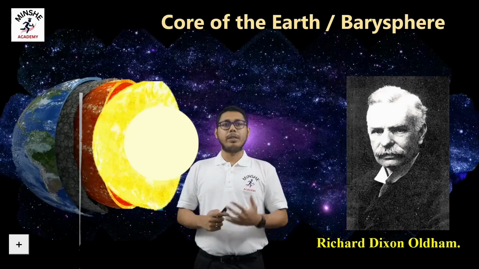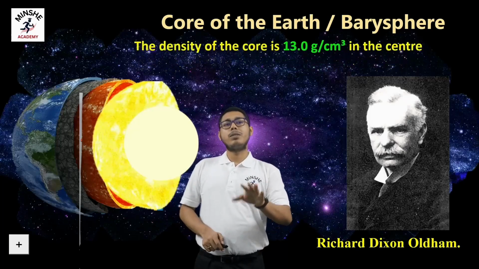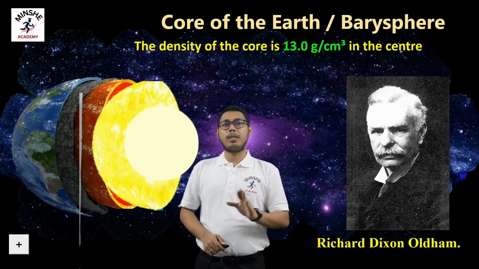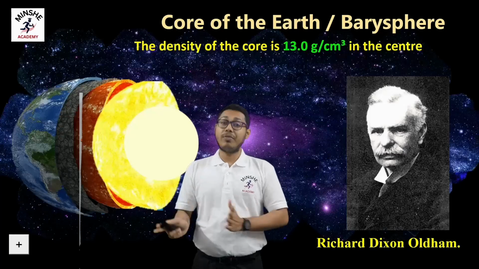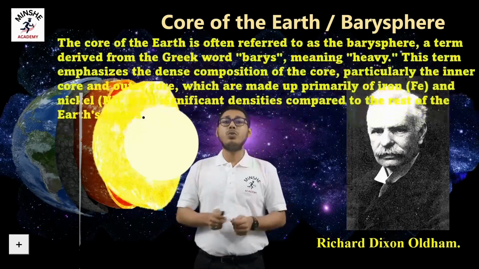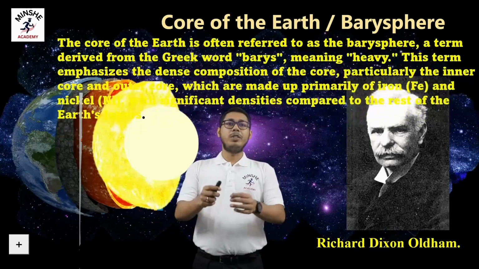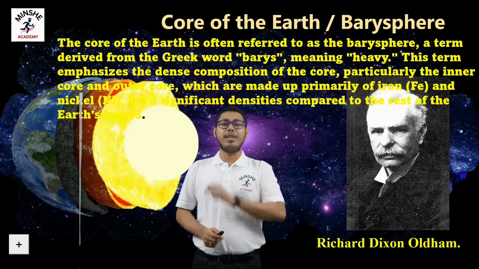Now the core of the earth is at an immense density. The density of the core is about 13 grams per centimeter cube. In the center, it ranges between 13 to 15 at times. Because it is of such huge density, it's given the name barysphere, because barysphere means heavy.